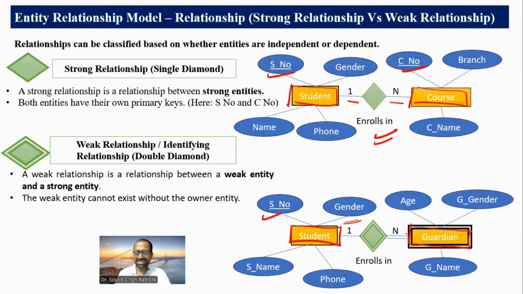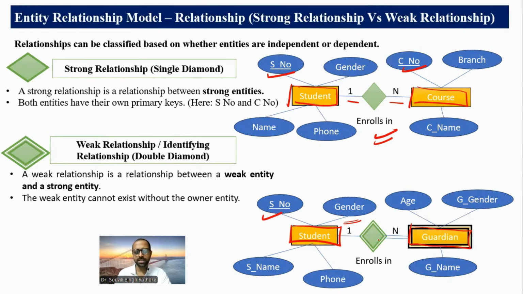Now we have discussed the strong entity type and the weak entity type. We have already seen this in our previous lecture. Here you see a double diamond shape. You can also identify this type of relationship from its notation.